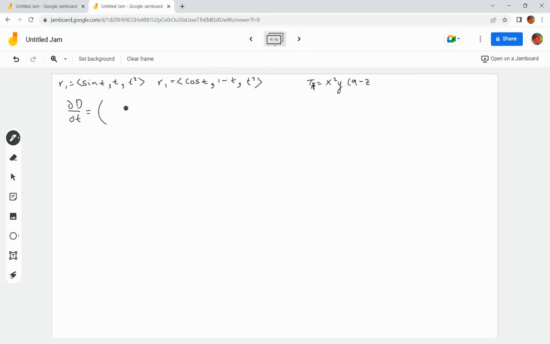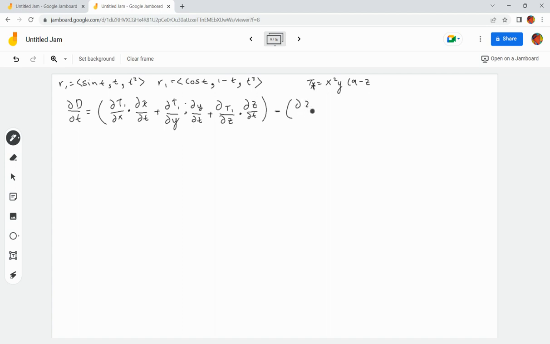And it's dt1 by dx multiplied by dx by dt plus dt1 by dy multiplied by dy by dt plus again dt1 by dz multiplied by dz divided by dt. Okay, we have parentheses there.